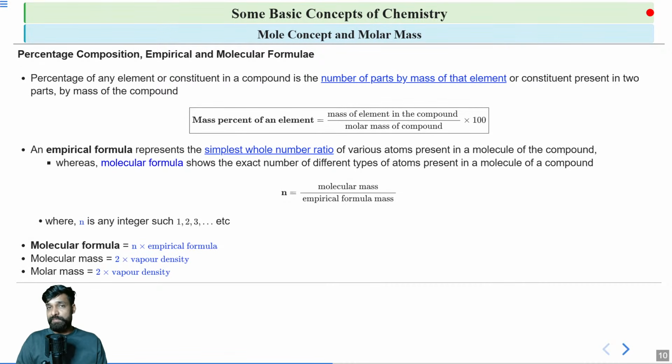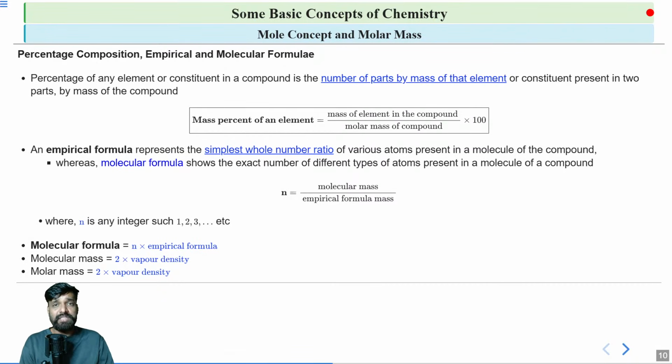Suppose I ask what is the molecular mass of water, you will say it is 18 u, which is 18 unified mass, or 18 amu. Then if I ask what is the molar mass of water, you will say it is 18 gram per mole, meaning the numerical value is the same. The only thing changing is the unit.